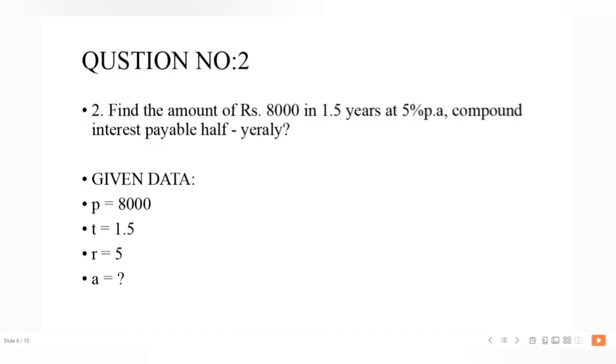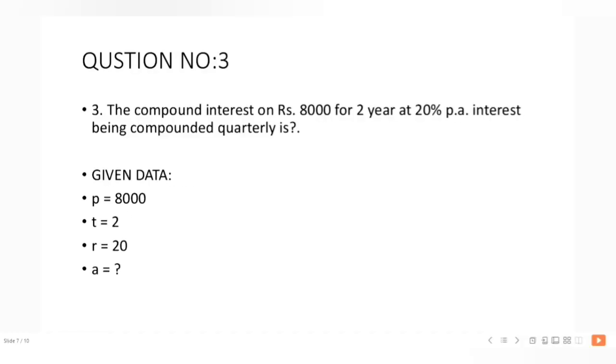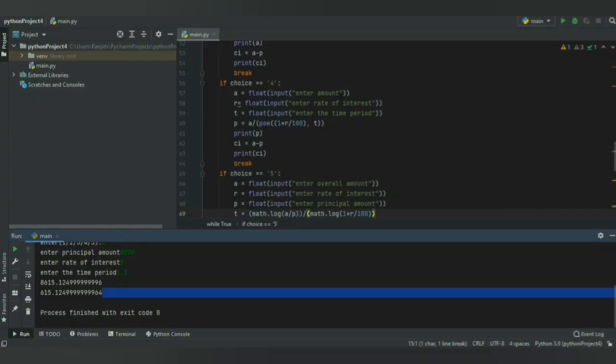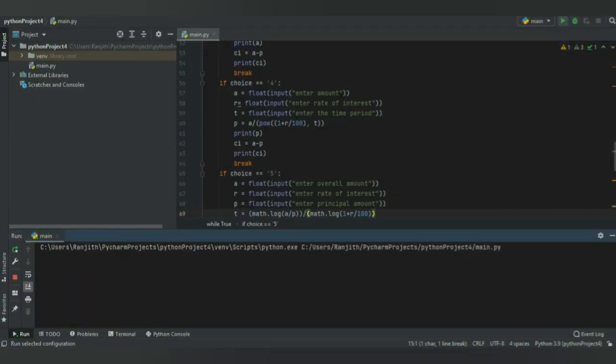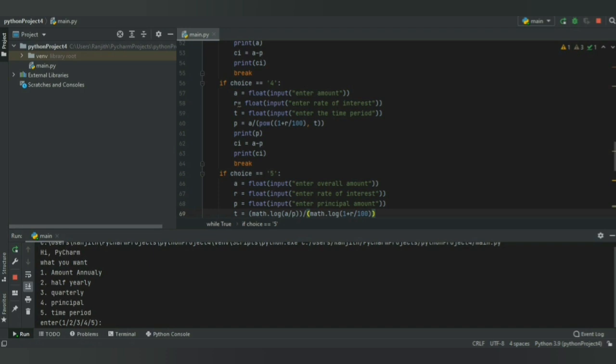And next question is the compound interest of 8,000 for 2 years at 20% per annum, interest being compounded quarterly. Same question but a different year and quarterly. Run again. Quarterly is 3.